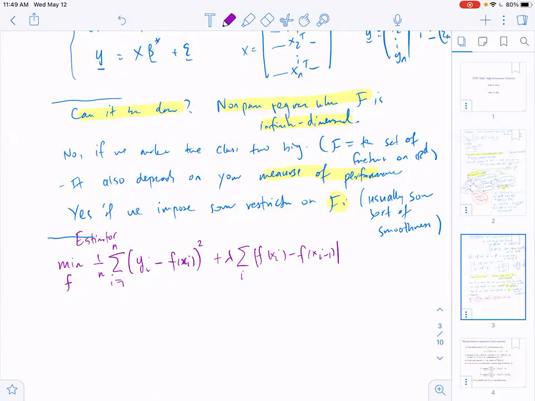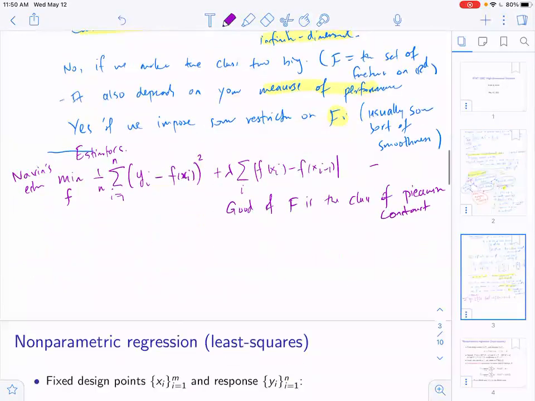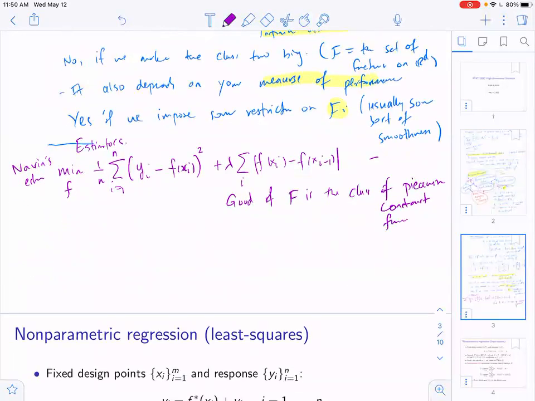So if F was, say, Naveen's estimator. It is good if F is the class of piecewise constant functions.